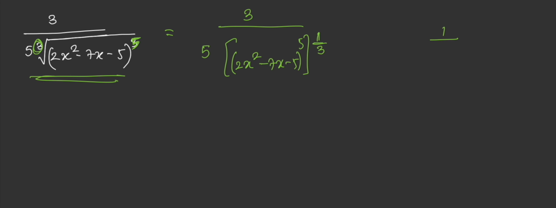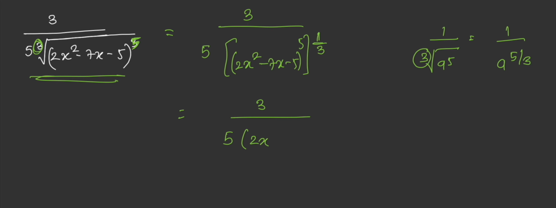We have 1 over the cube root of a raised to 5, so we can say this is nothing but a raised to 5 by 3, since the cube root will change into 1 by 3. So this becomes 3 over the fifth root of 2x square minus 7x minus 5 raised to 5 by 3.